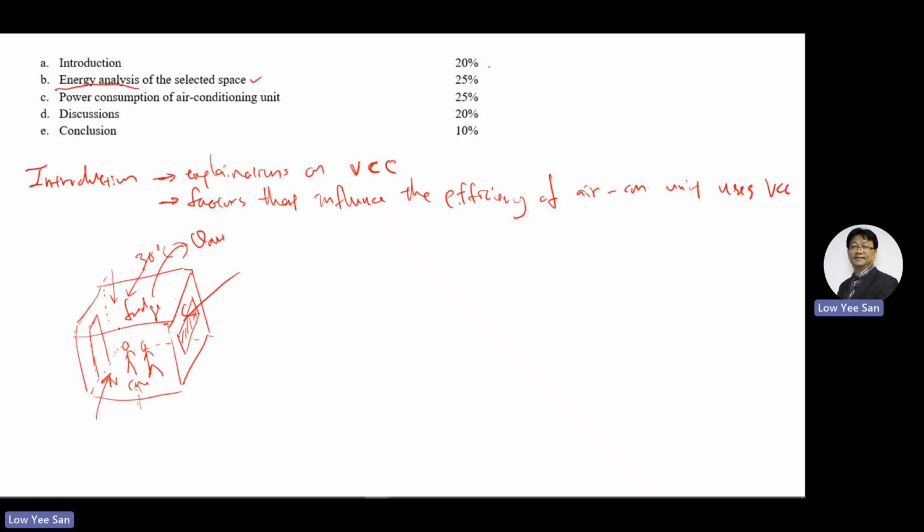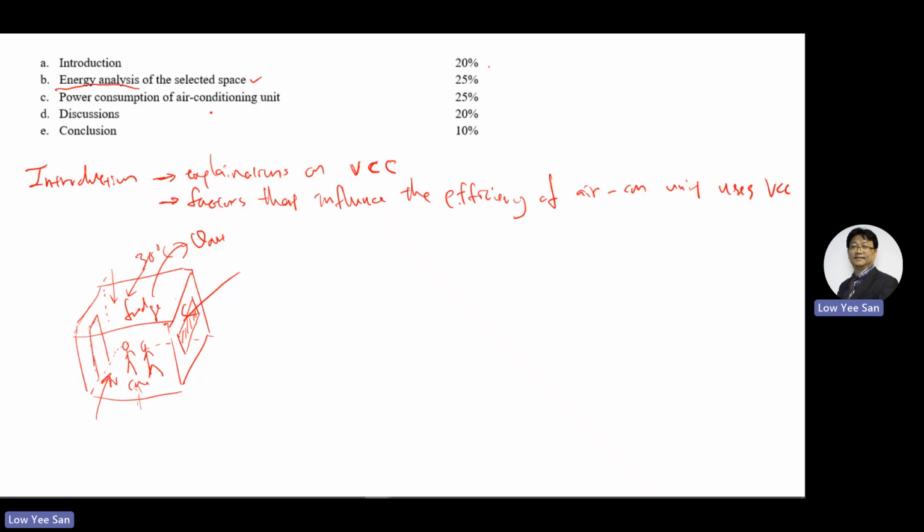Don't expect that because you have done according to what I say, you will get A plus. No such thing. Got it? I'm just helping you to achieve the requirement. Maybe you get about 60 marks like that lah. If you want to go more than that, you need to do your own research a bit and put in something extra. Extra means it has to be logical also lah.